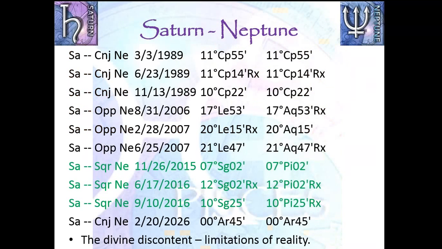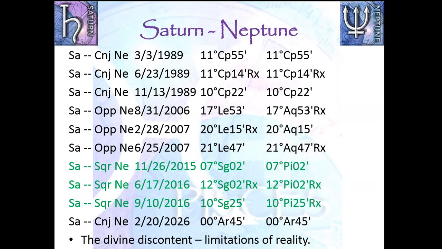Now, I do want to point out that after Neptune's retrograde cycle, remember Neptune turns direct November 18th, 2015 at 7 degrees 1 minute Pisces. So we're going to move into this fall and into 2016, Saturn making 3 last quarter squares to Neptune.